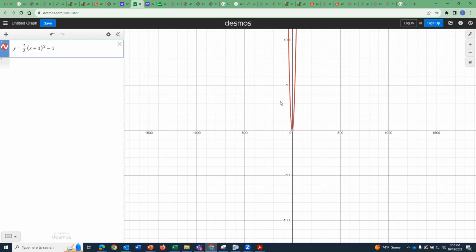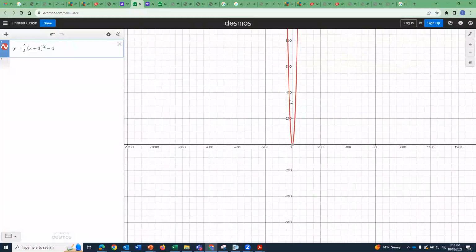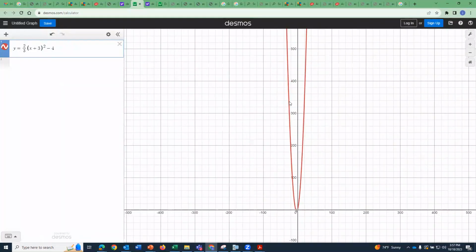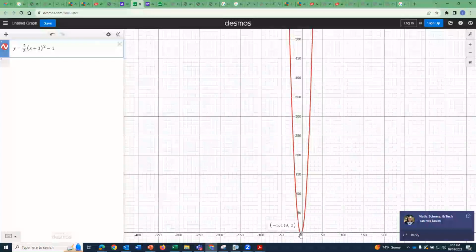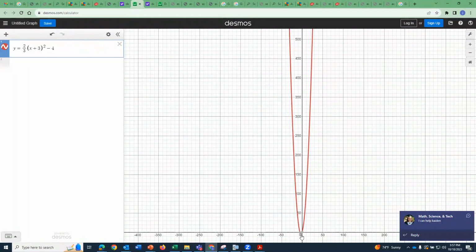Okay, and the vertex is right here: -3, -4.